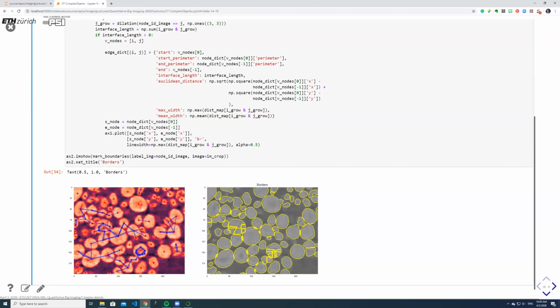The implementation is just about looking in a little bit greater neighborhood, and then you have the same procedure in 2D as in 3D. So it's really important to work with the three-dimensional data if you have it.